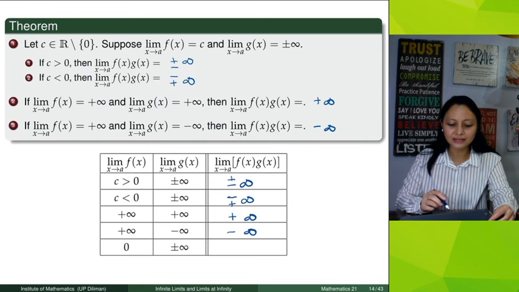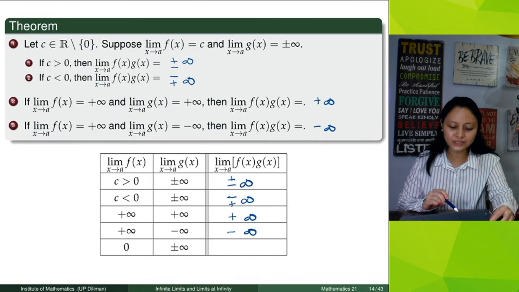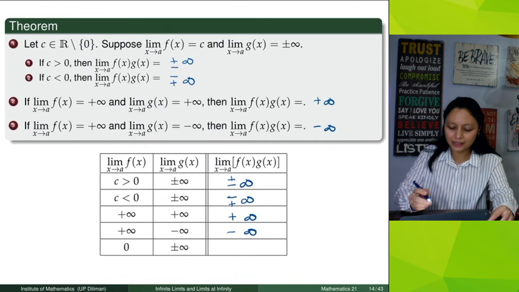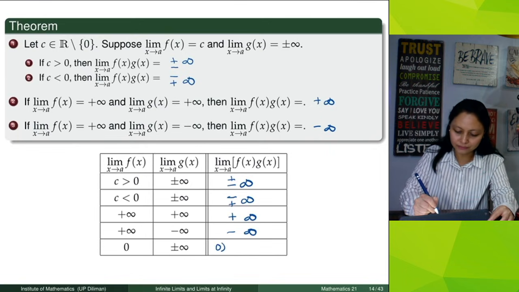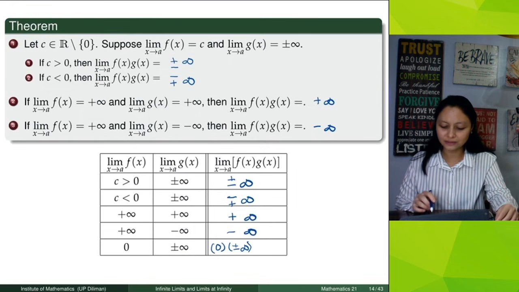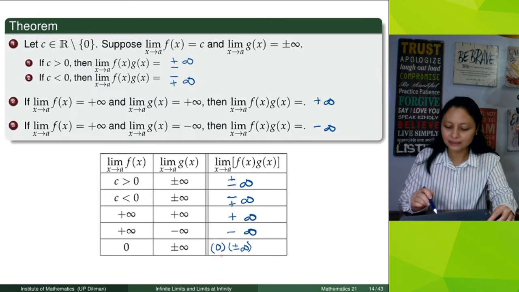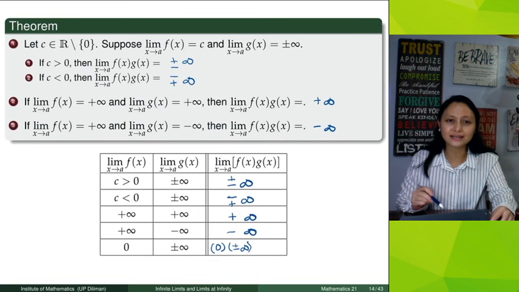And then last, what if the limit of f of x as x approaches a is 0? And the limit of g of x as x approaches a is plus or minus infinity. Ano yung sagot nun? What is 0 times plus or minus infinity? Remember, limit to ha. Hindi ito exactly 0. These are limits. So, pwedeng hindi siya exactly 0.